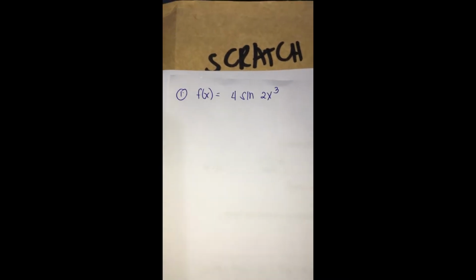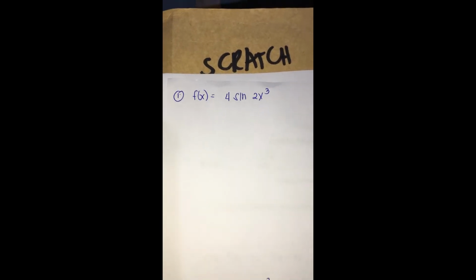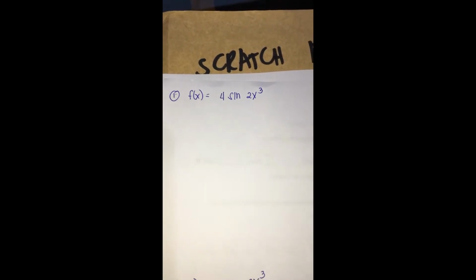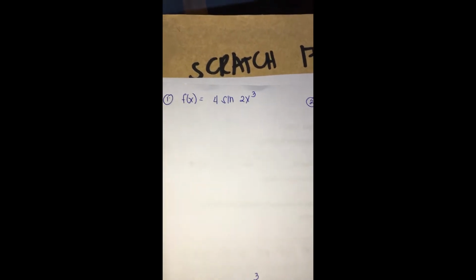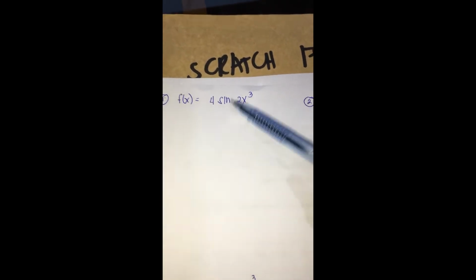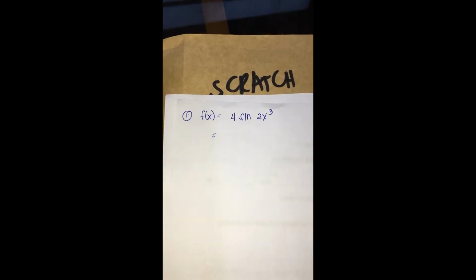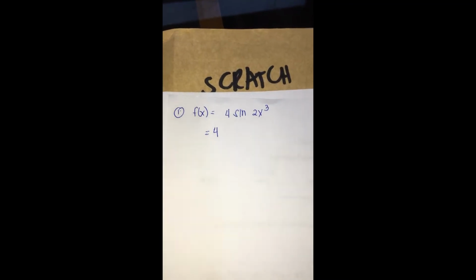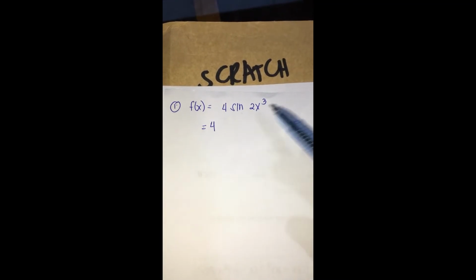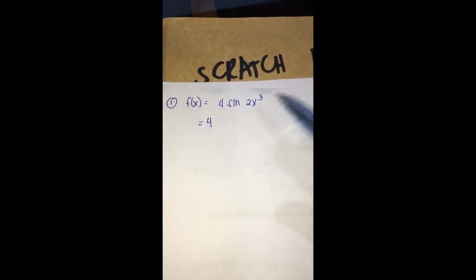The given example is f of x is equal to 4 sine 2x cubed. So there is a constant of 4, then sine 2x cubed. So the process goes like this. In getting the derivative of this one, copy the constant. Then you are going to find the derivative of the sine 2x cubed. The base is 2x cubed.